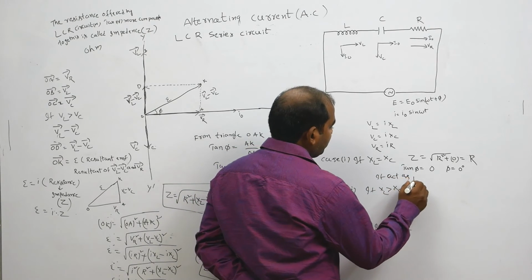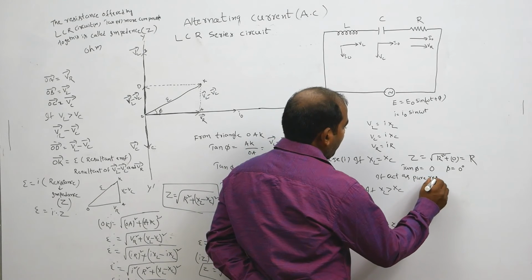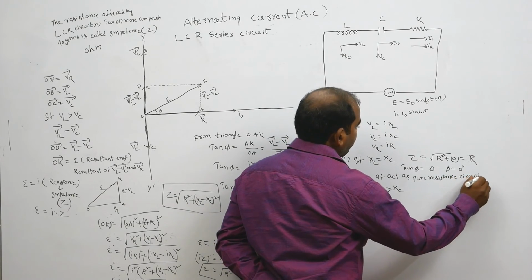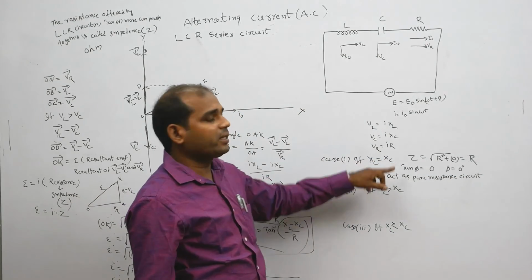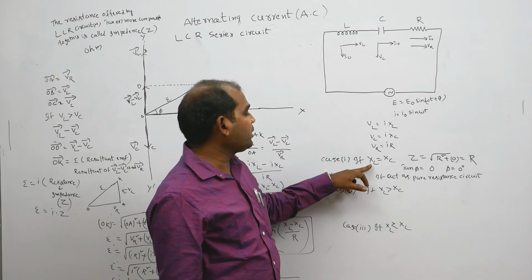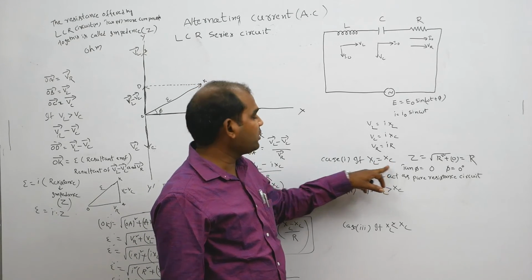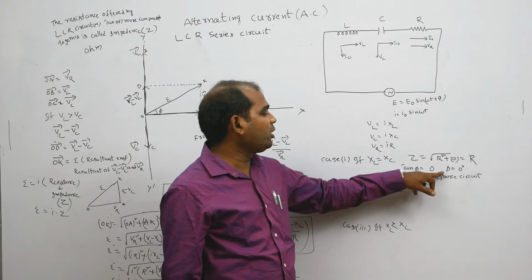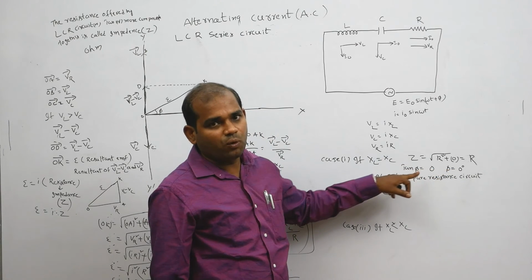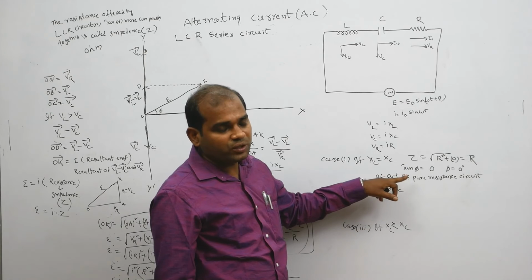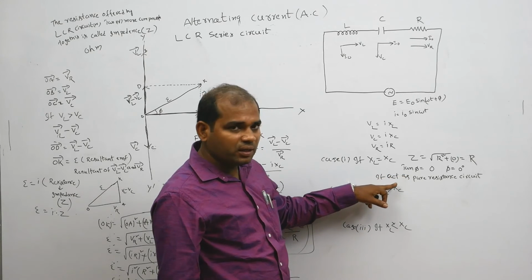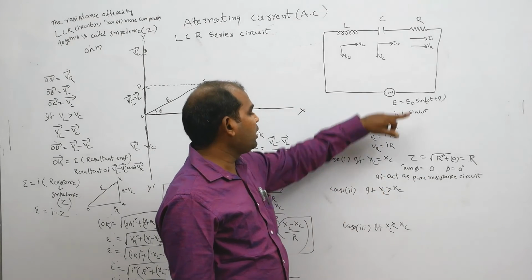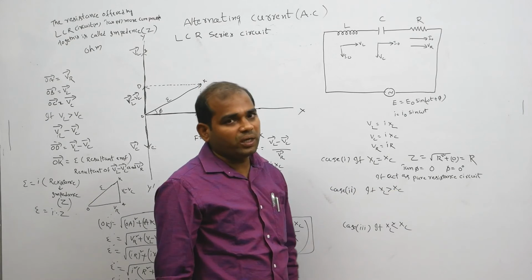So when XL is equal to XC, meaning inductive reactance and capacitive reactance are equal, tan phi is 0, and phi, the phase difference, is 0. Both the EMF phasor and current phasor are in the same phase. Then this LCR circuit will act as a pure resistance circuit.